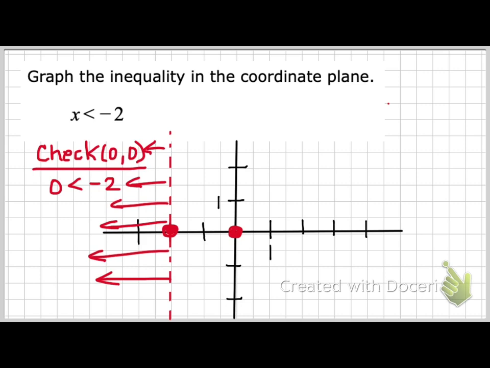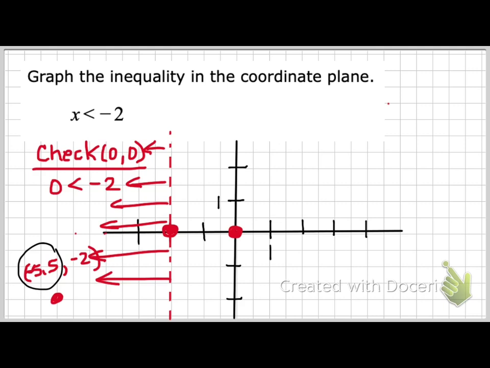And we could just pick a point over here, and any point that I pick, so that'd be negative 5.5, and then what's it at, negative 2 for y. All I need for that point to satisfy the inequality is for the x value to be less than negative 2. Well, looking right there, yes, the x value is less than negative 2.